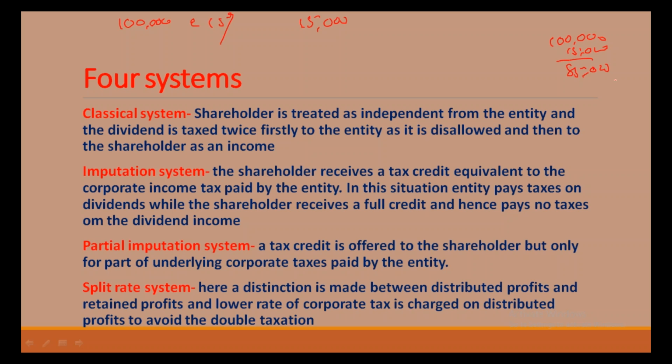The company is paying a dividend of 42,500, and when the company pays the 42,500 to you as a shareholder, you are treated as a separate person from the company. So when you get that 42,500, you have to pay, let's assume the dividend tax is 20%.